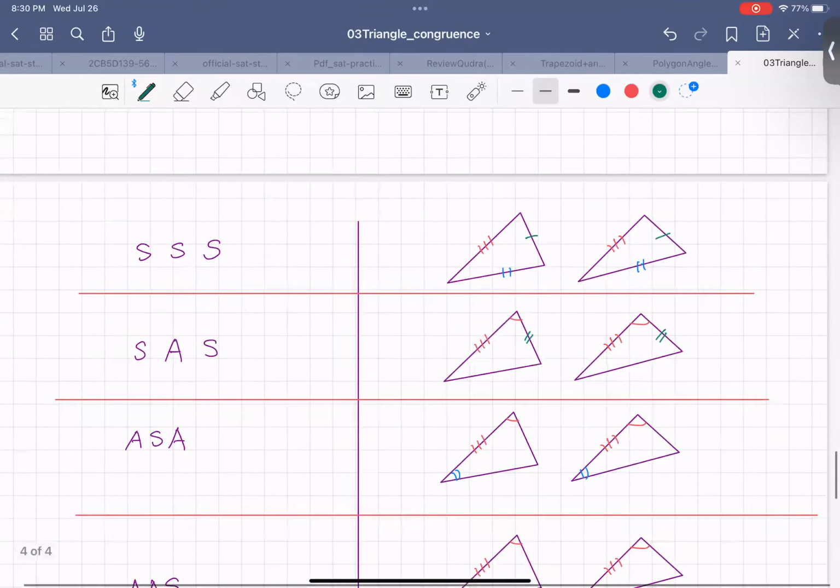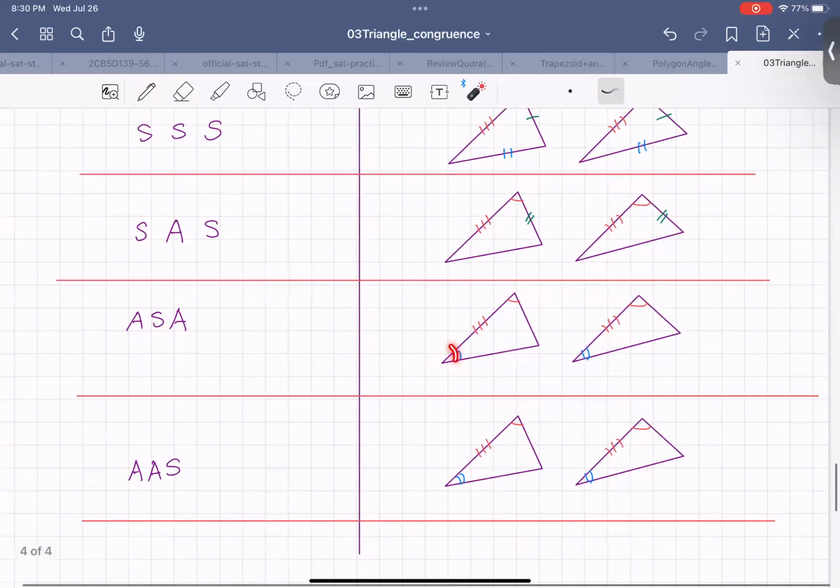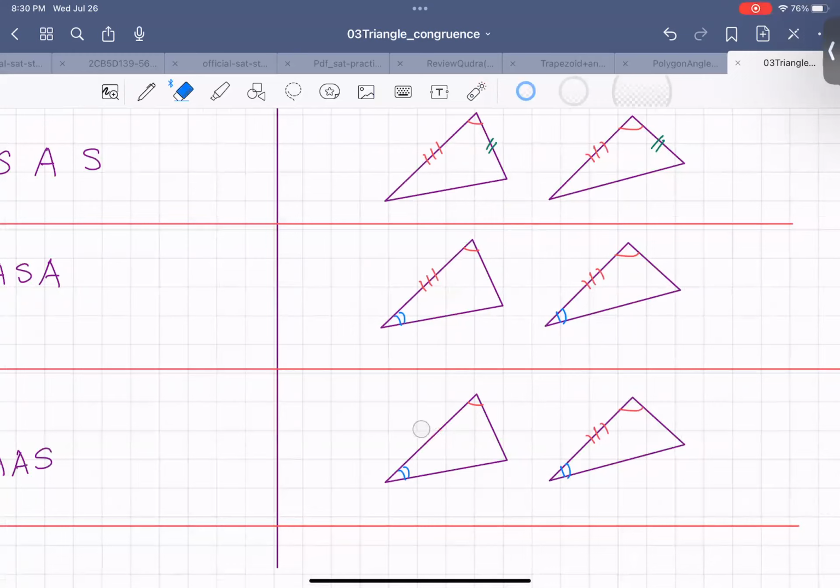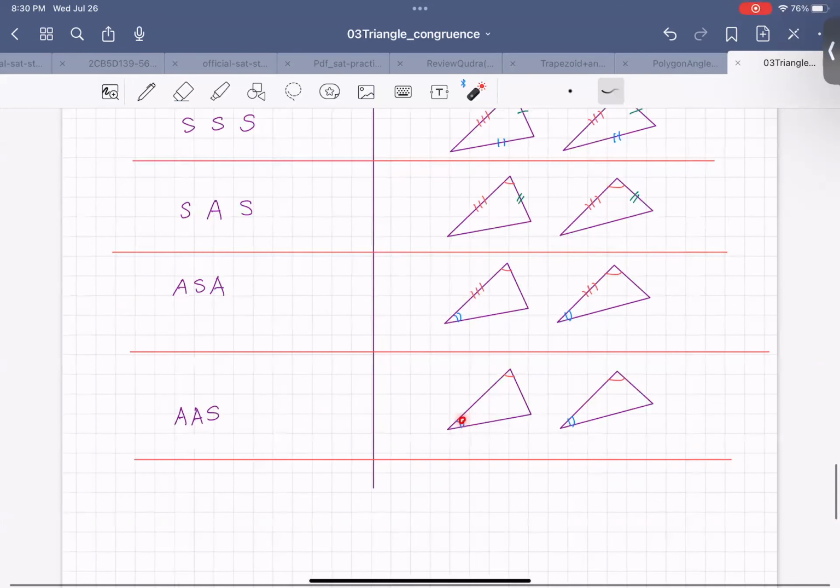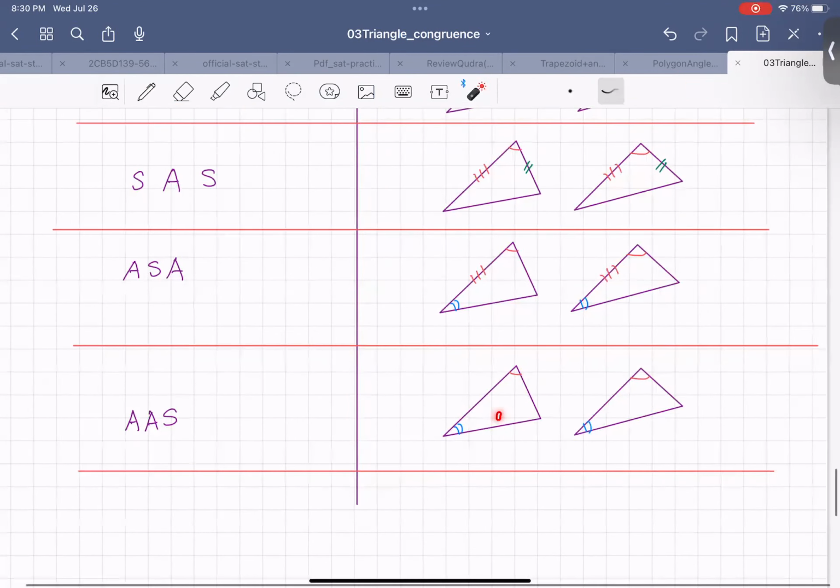That's called SAS. Then you have ASA: this congruent, this congruent, this congruent. The last one is the angle-angle-side. That means the side shouldn't be between these 2 angles. The angle, angle, then side is here. If you want to use this side, that's fine. This is also AAS. You make these 2 pieces equal, or you make these 2 pieces equal. That's called AAS. But you cannot call this one AAS. This is ASA.